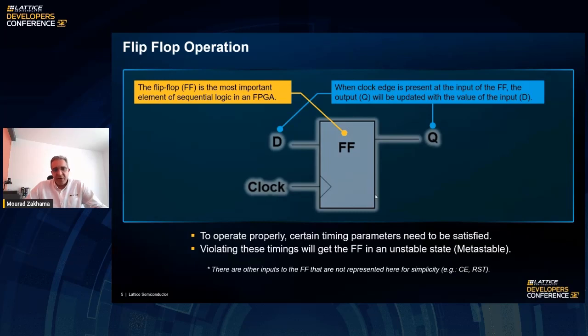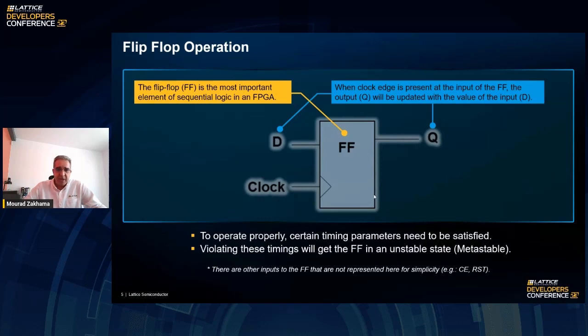So if we violate any of these timing parameters, then the flip-flop gets to an unstable state, meaning that the output becomes non-predictable. It could go to 0 or 1 independently of the input, which is not something that we would like to have for a flip-flop in our design. And imagine in a real design, you have thousands or hundreds of thousands of these that you need to make sure operate in a safe operating range.